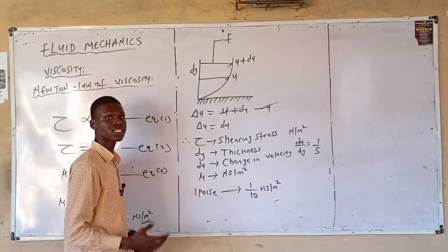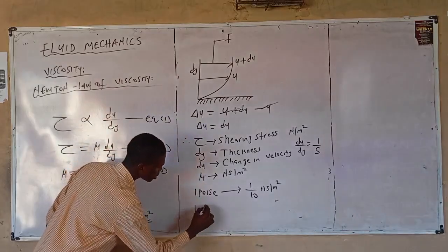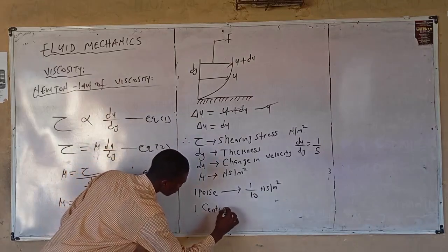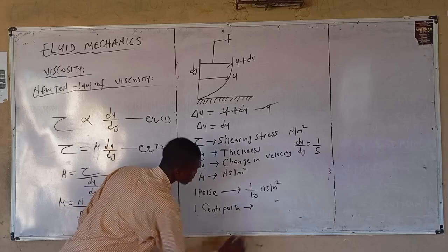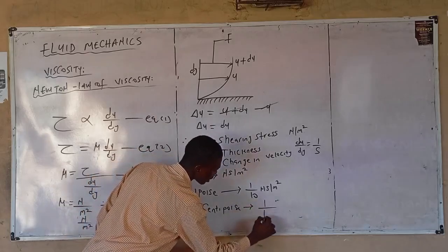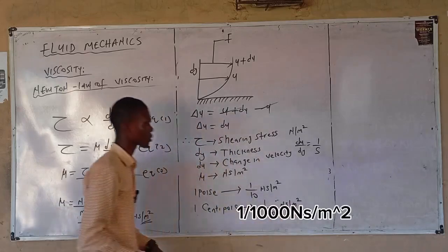Then in centipoise, 1 centipoise is equal to 1 divided by 100 Newton seconds per meter square.